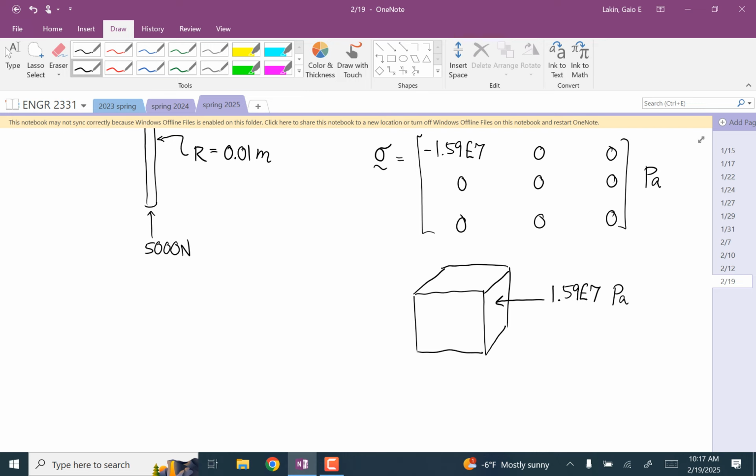Okay, so remember that positive forces are tensions and negative are compressions.